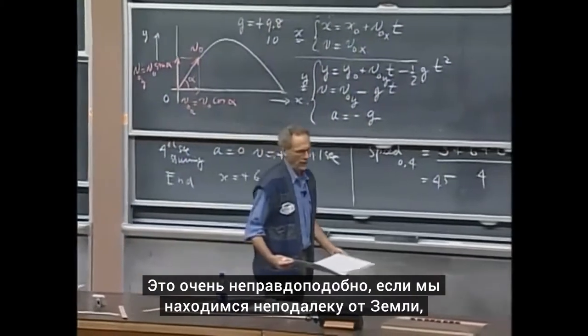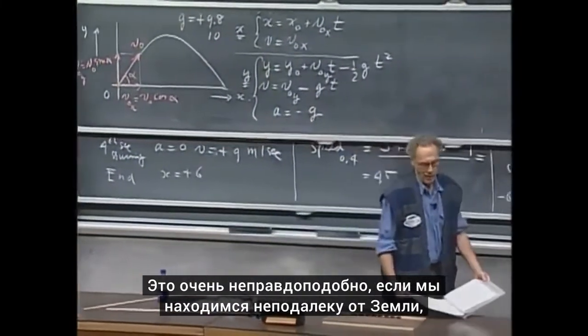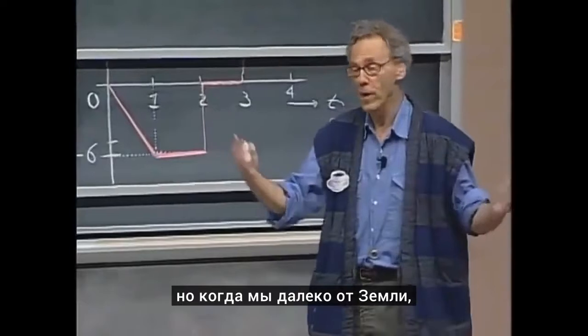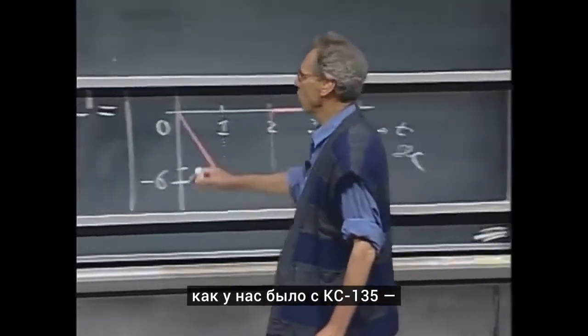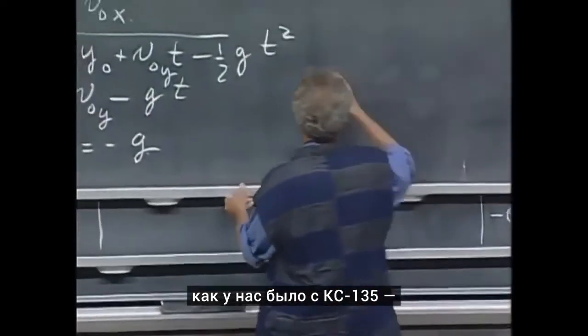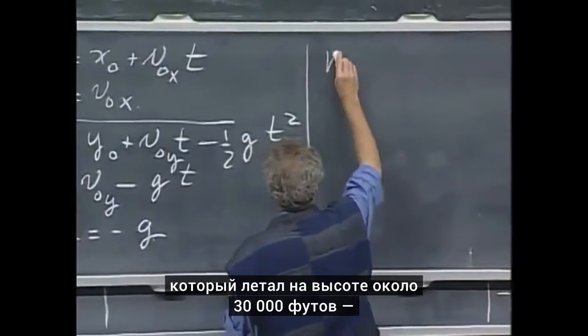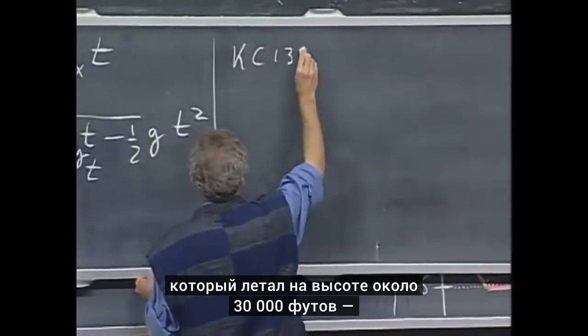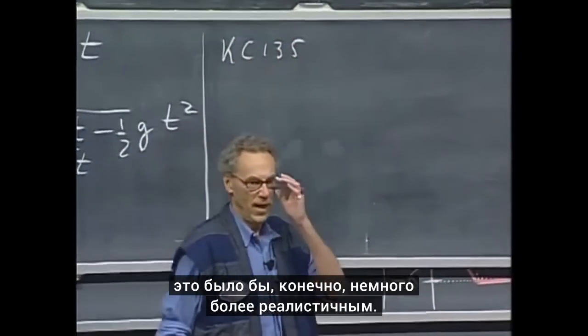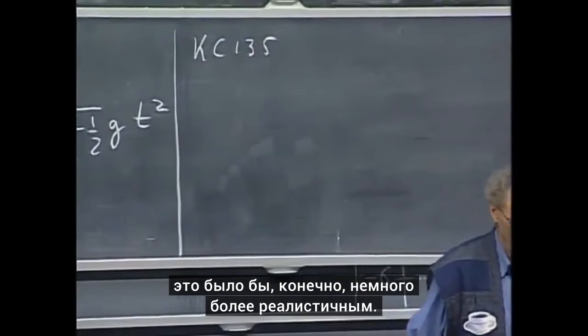That is very unrealistic if we are near Earth, but when we are farther away from Earth, as we were with the KC-135, which was flying at an altitude of about 30,000 feet, that of course is a little bit more realistic.